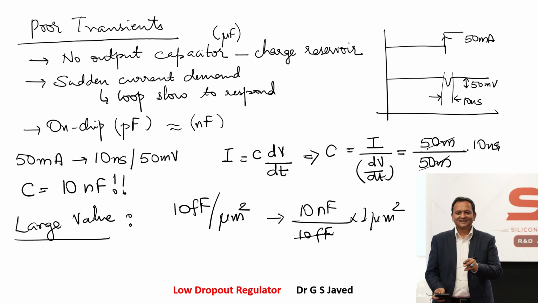So this is 10 power 6. So to implement this, you will need about 10 power 6 micrometer square of area. This is extremely large area even to implement either a MIM cap, which is typically the requirement, or even if you try a MOM cap. So you will have a poor transient response based upon the absence of the capacitor that is present here.